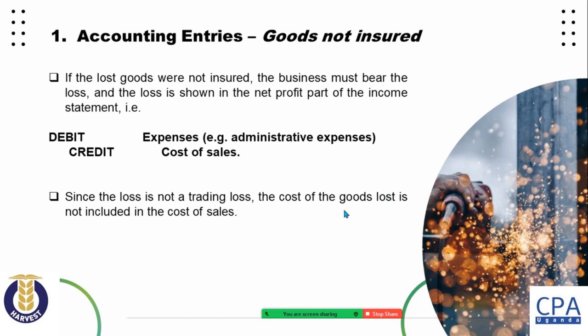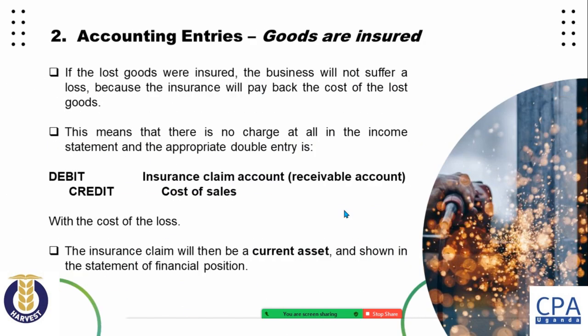If the examiner says that, you can be able to explain the difference between a trading loss and a non-trading loss. Now, if the goods are insured, management was cautious and they decided to insure the goods against loss, then the accounting entries would be, we shall debit the insurance claim account or the receivables account, and then we credit the cost of sales.